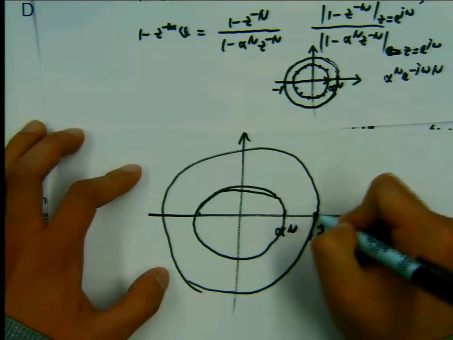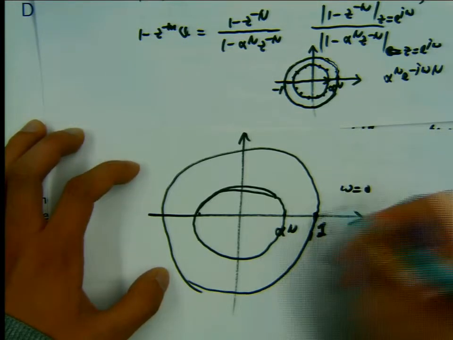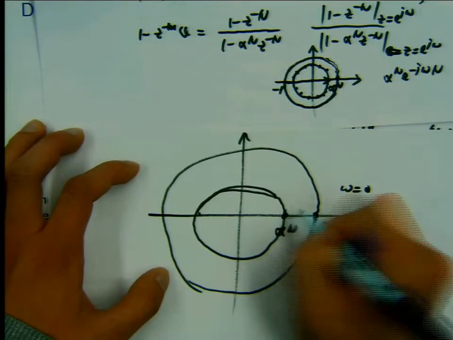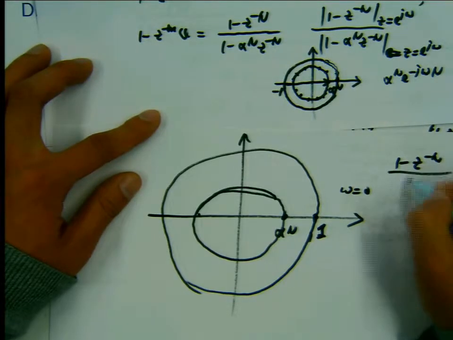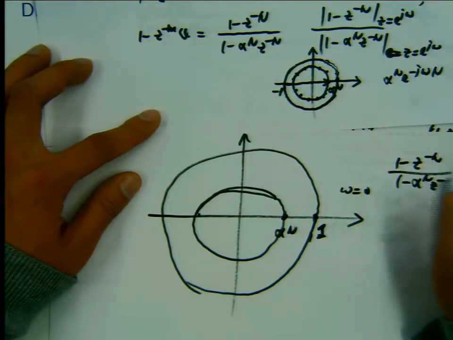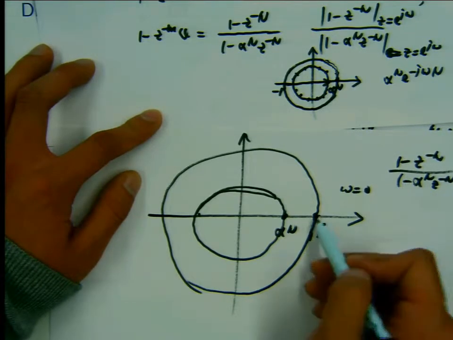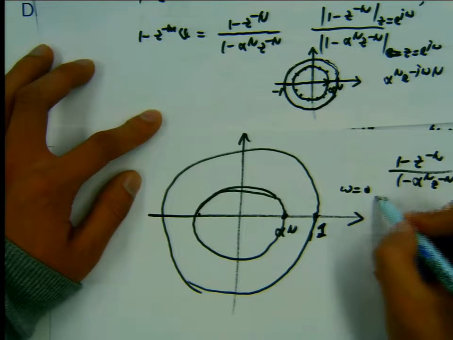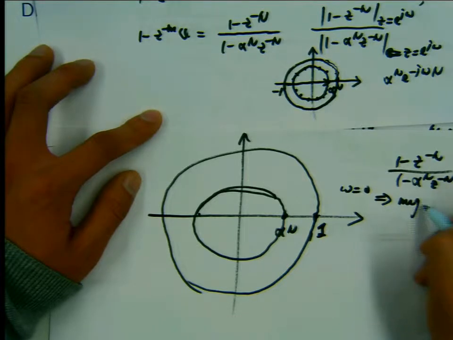So imagine at first frequency, omega equal to 0, I am going to have 1 minus this point, and then, where is it? 1 minus z^{-n} divided by 1 minus α^n z^{-n}. So it's going to be 1 minus this point, and then divided by 1 minus this point. So it's still 0 at frequency 0, omega equal to 0. So it means magnitude is 0.